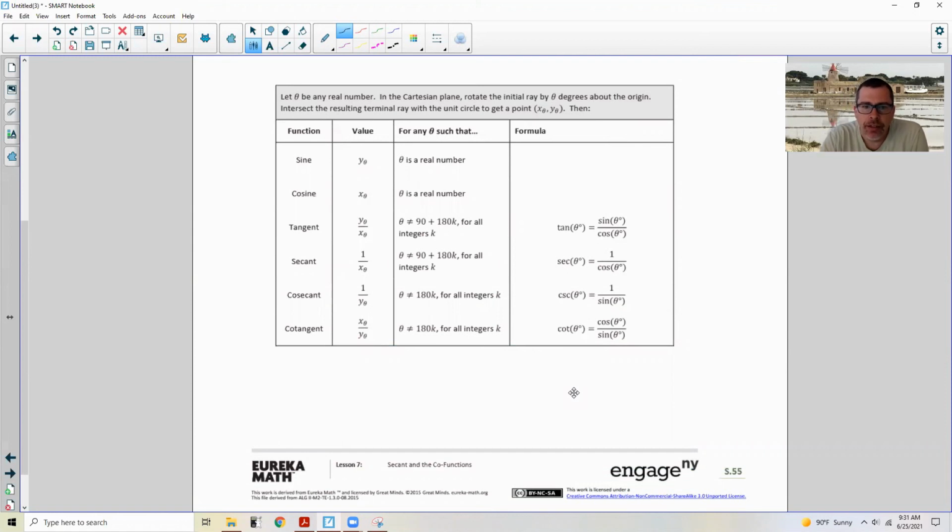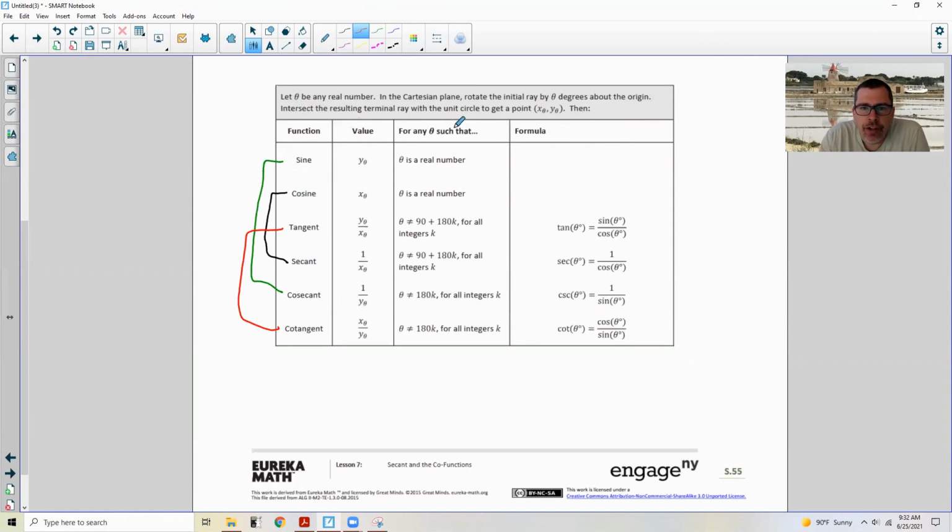Then sine is y sub theta, cosine is x sub theta, tangent is y sub theta over x sub theta, and secant is the inverse of cosine. Sine and cosecant are inverses, and tangent and cotangent are inverses.